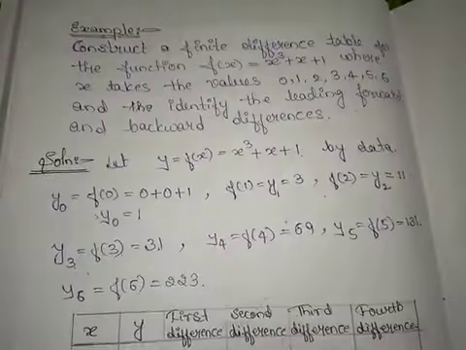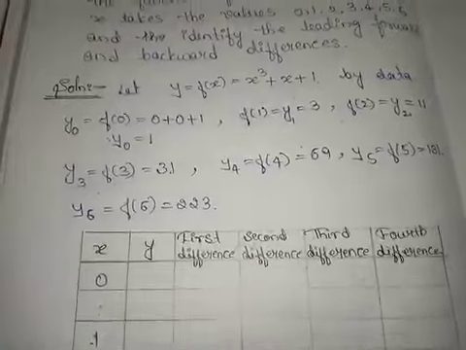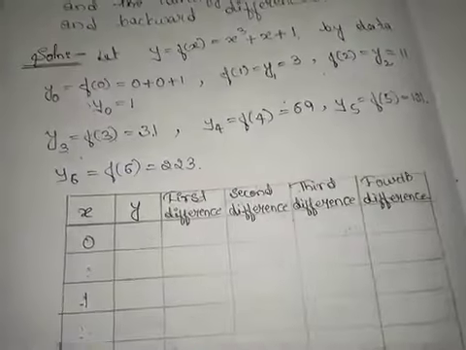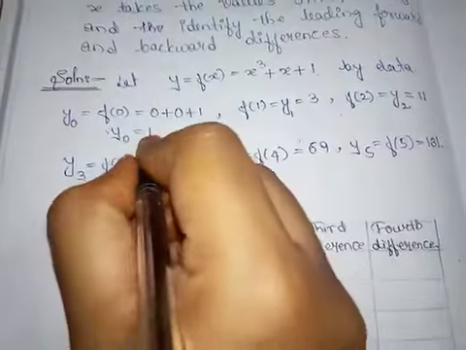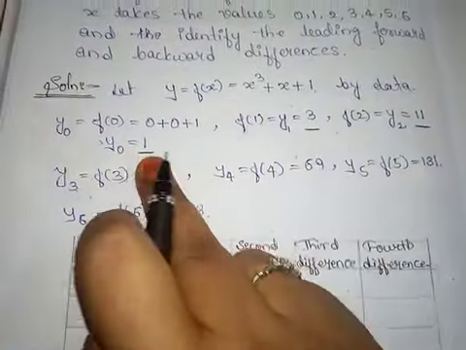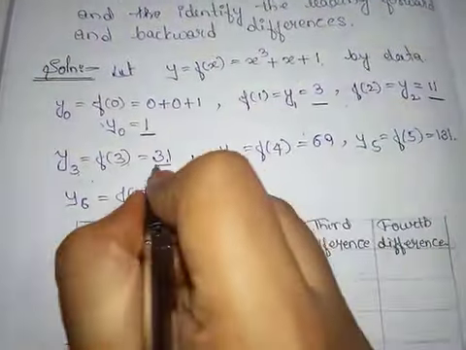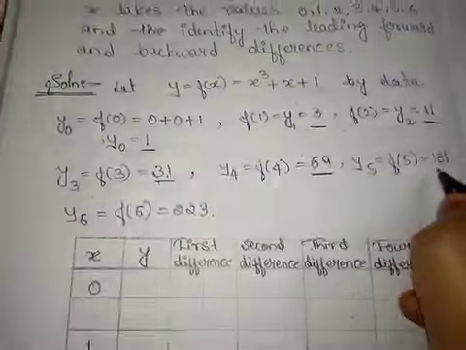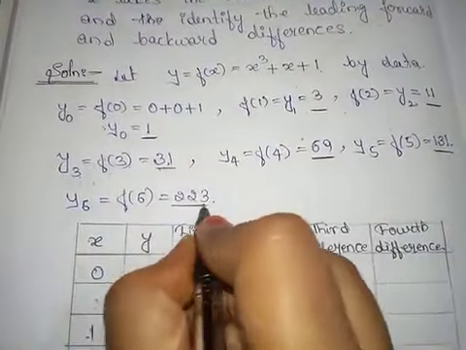These are the functional values we get after substituting the set of values of x. Just I will highlight the functional values here: 1, 3, 11, 31, 69, 131 and 223.